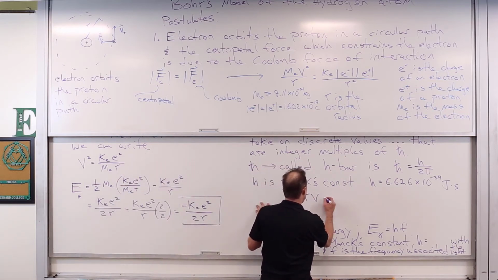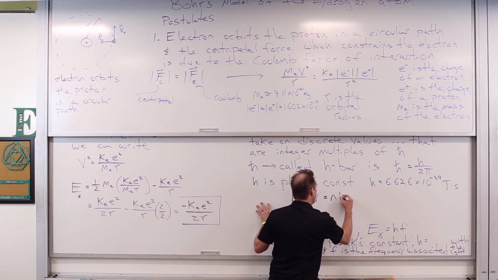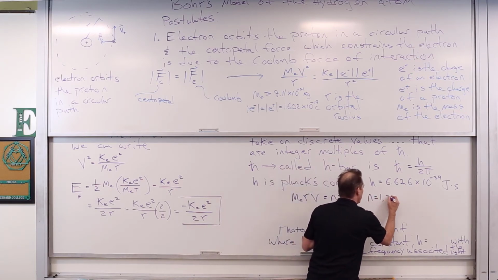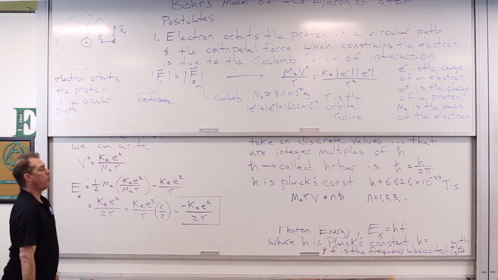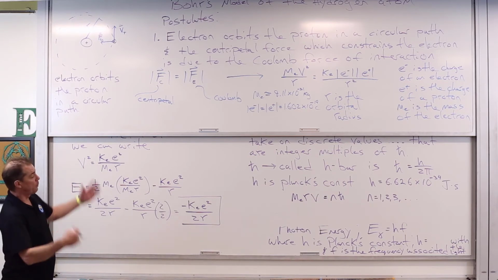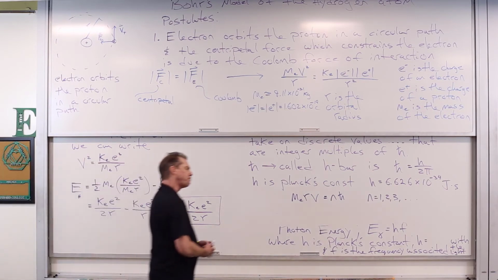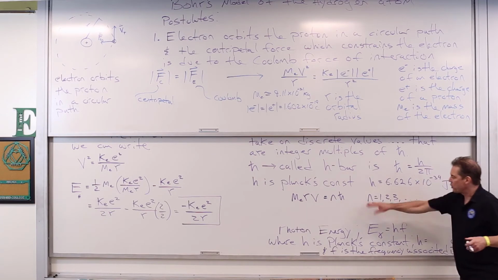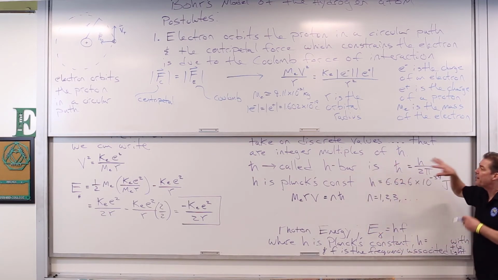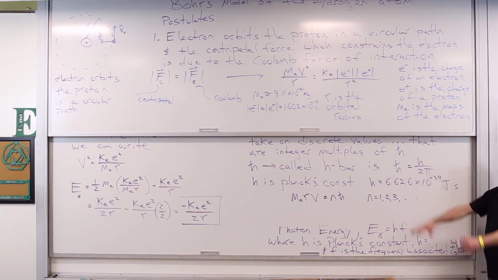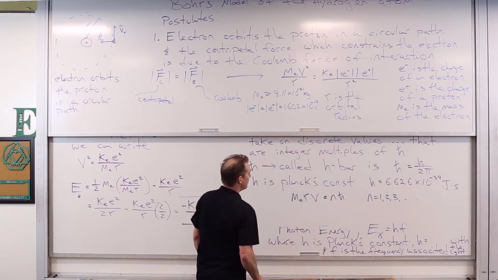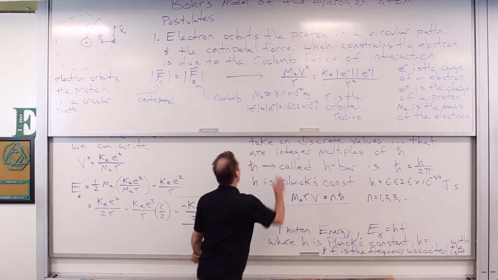That is then equal to n h bar, where n is equal to 1, 2, 3, dot, dot, dot, an integer value. This is the true quantization effect that Bohr put in there that ultimately gave him the right correspondence with all of this. So what we want to do is utilize this quantization effect, saying that there's only discrete things that can happen here, and this is the condition of that discreteness, and see if we can unravel everything here.